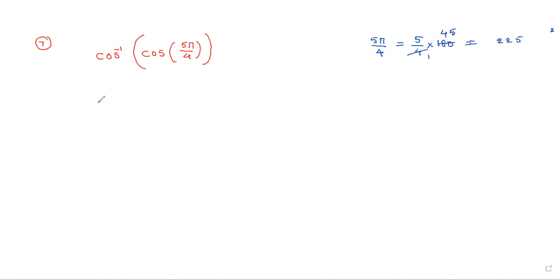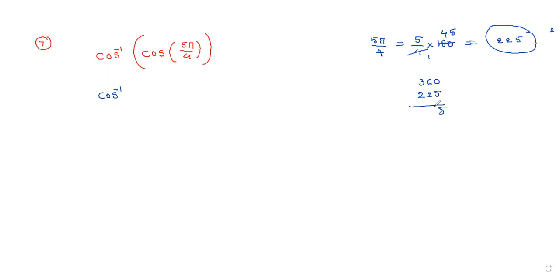But the coming angle is in cos, so cos inverse of cos means taking 360 and subtracting 225.